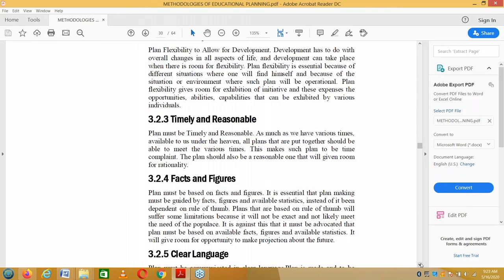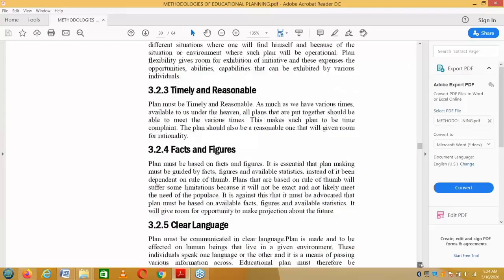So it must be advocated that a plan be based on available facts, figures, and statistics, to give room to make projections about the future and to help in achieving the stated objectives.